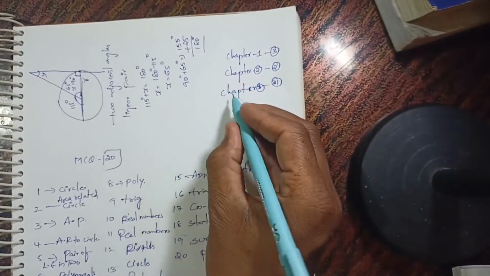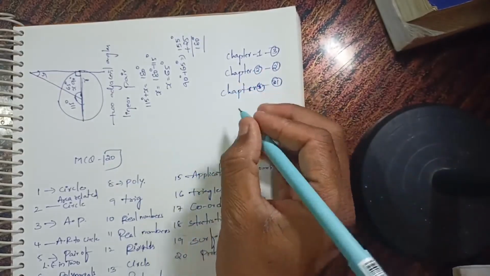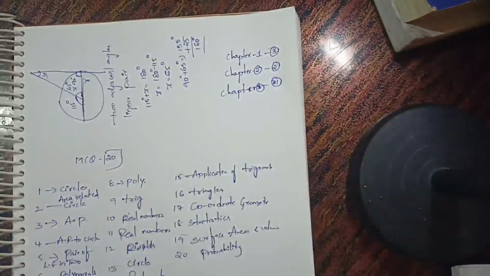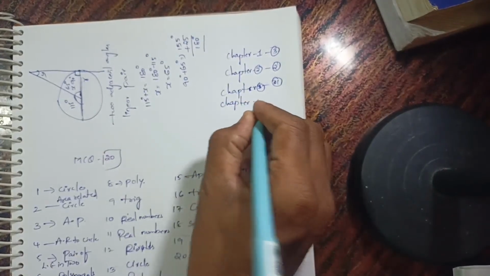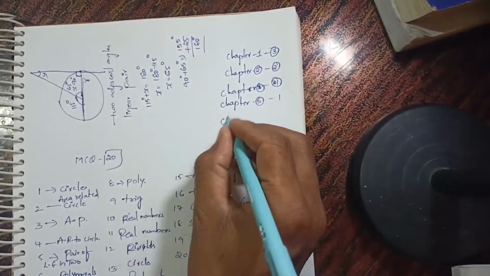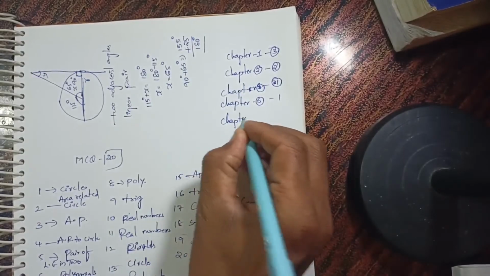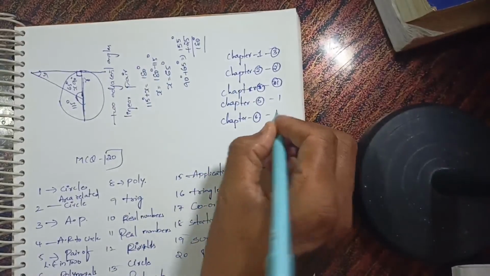Next, chapter 4, quadratic equations. Did we get any question from quadratic equations? No, there is no question from quadratic equations. So chapter 5 is arithmetic progression, we got 1 question. Chapter 6, triangles, we got 1 question.